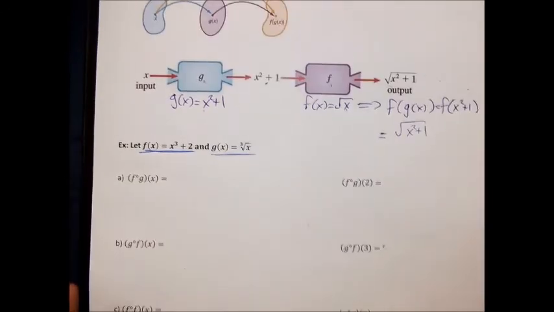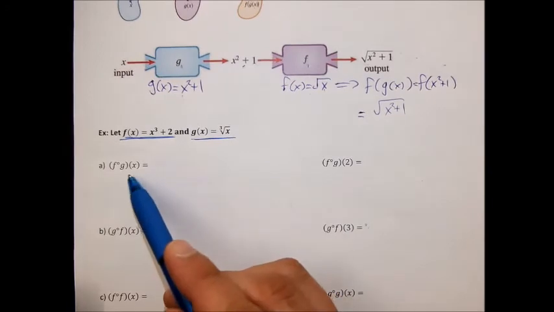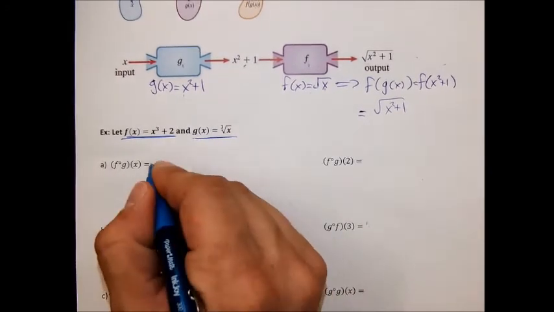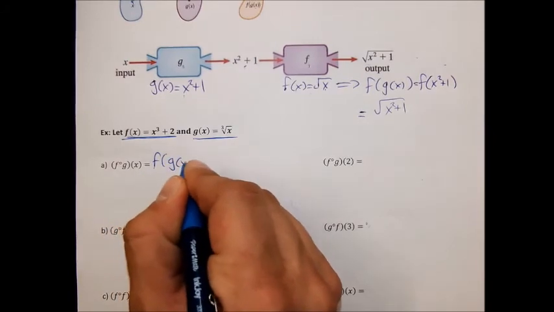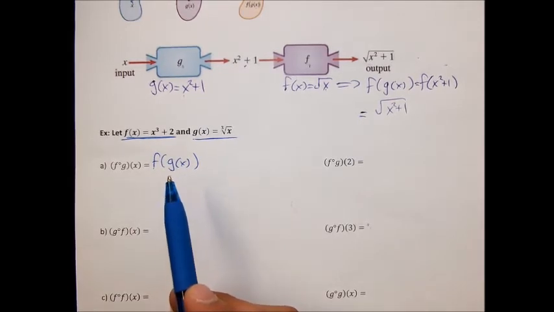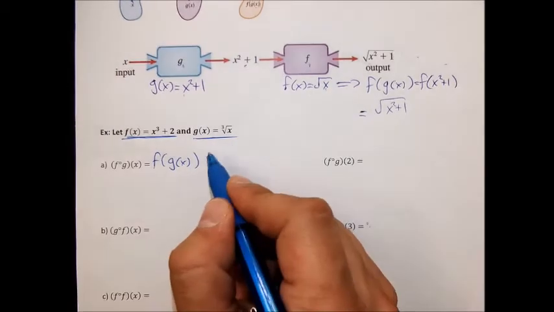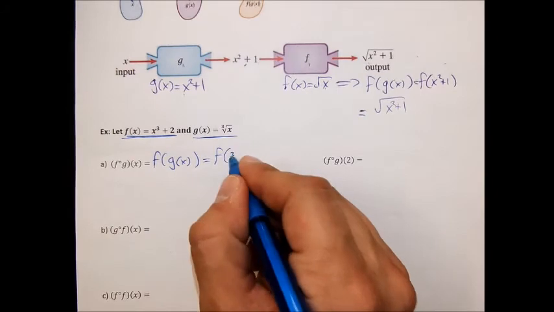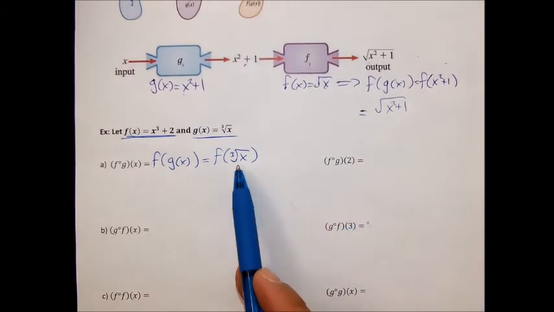And so for example, the first one here, remember this notation, f circle g of x means f of g of x. In other words, we take the function g and we're plugging it into the function f. And so that notation just means take out the x in f and put in the function g. And so practically speaking, since g is the cube root, it means this. And if that makes you feel more comfortable, then think of it like that.